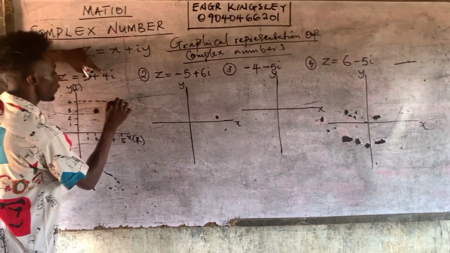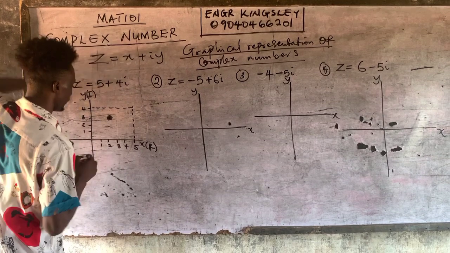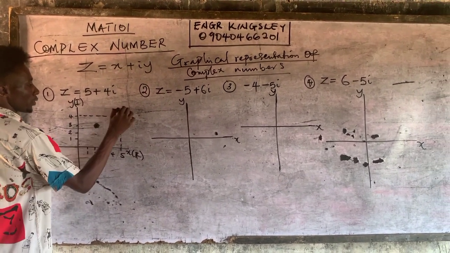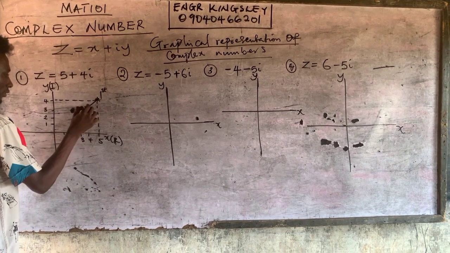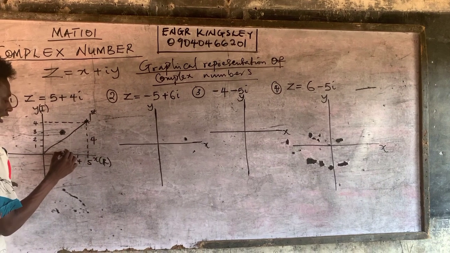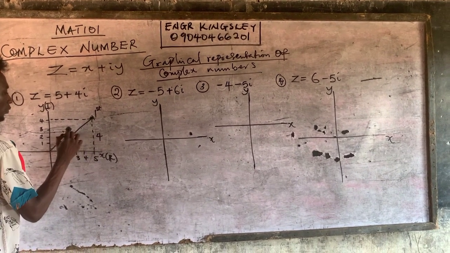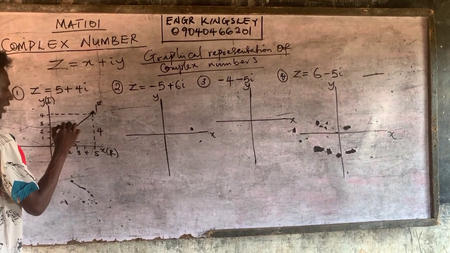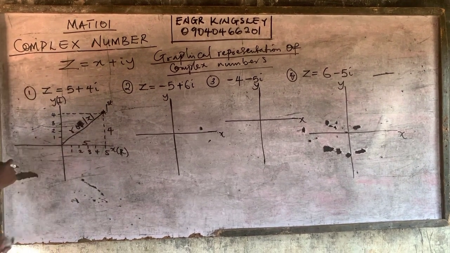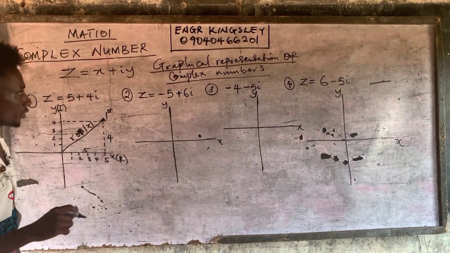So 5 and 4 will be meeting somewhere here, where I have this point. So both of them are meeting in the first quadrant. Then the modulus is r, or what we call the absolute value of z. Okay, this is the graphical representation of this complex number.